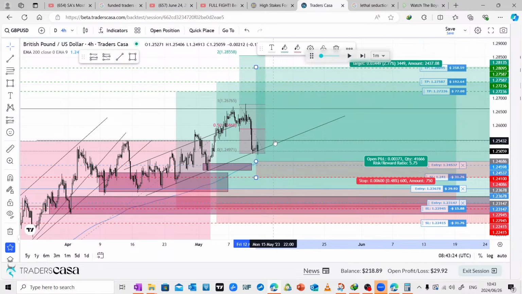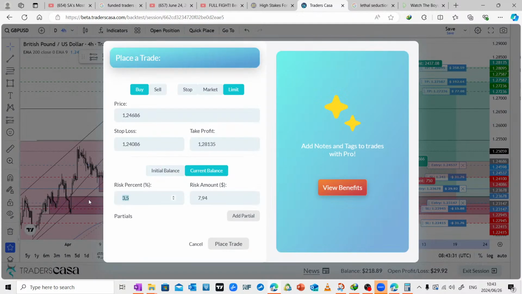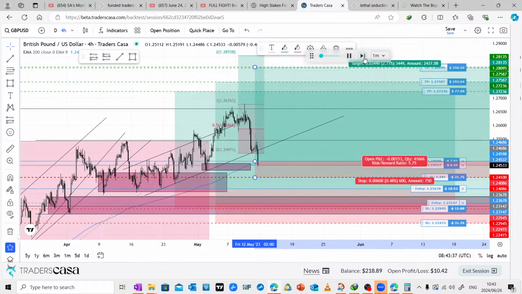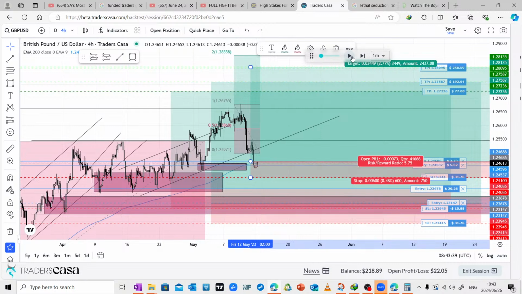And I'm gonna put more, now risk 14%, place trade. Let's go. Boom, got tagged in. Let's see, are we gonna get tagged out? That's the question.